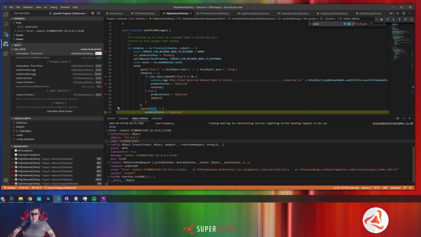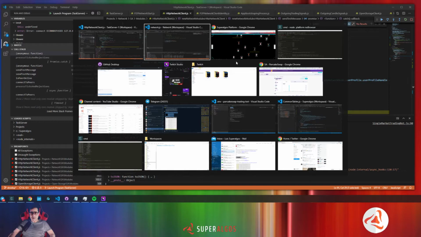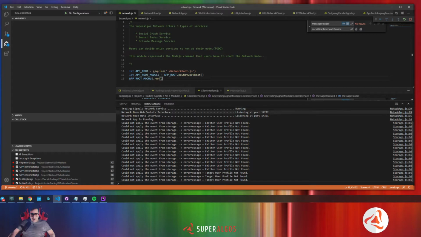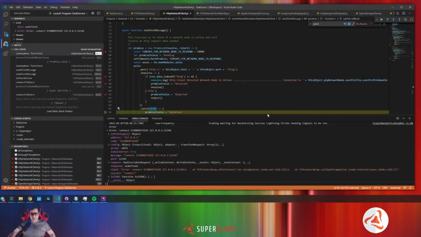One, two, three, four, six. HTTP is listening at port 14321. Where did you get that port number? That's a good question. Why are you trying to connect to port 12346?